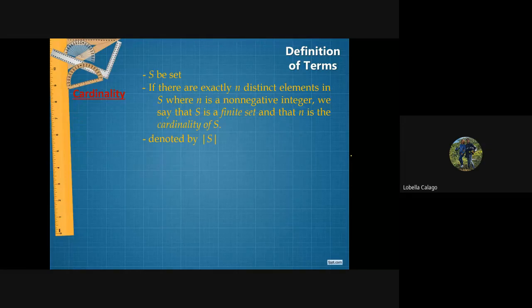So, paano natin malaman that it's asking for a cardinality? Pag meron pa tayong makitang ganyan, ito po. So this means that we're talking about the cardinality of the set S, or how many elements are there in the set S. So yun po ang cardinality.